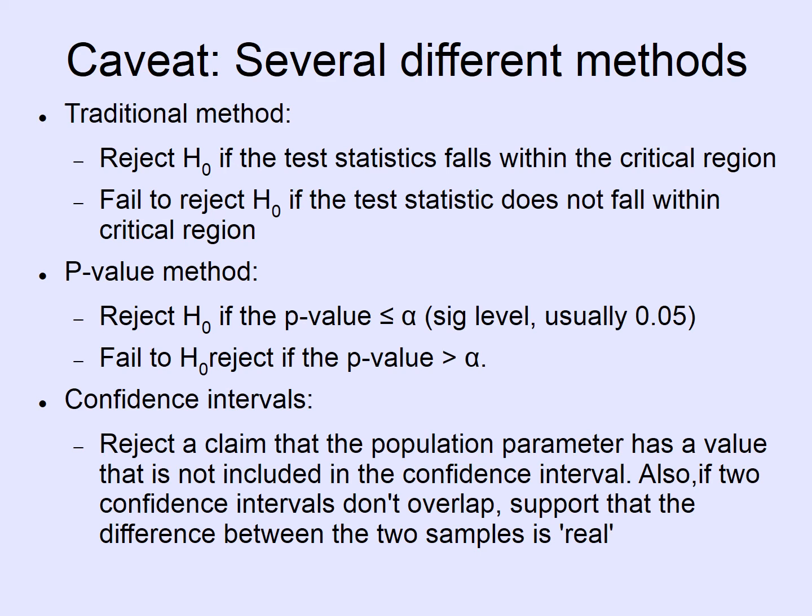We'll also see confidence intervals, and there's a lot of mathematical connection between these two, but we'll see that confidence intervals can tell us a couple things. We can also reject a claim that a population parameter has a value that is not included in the confidence interval. So if 0 is in our confidence interval for a difference, and we can make confidence intervals for a difference, then we're going to say it's not different from 0.